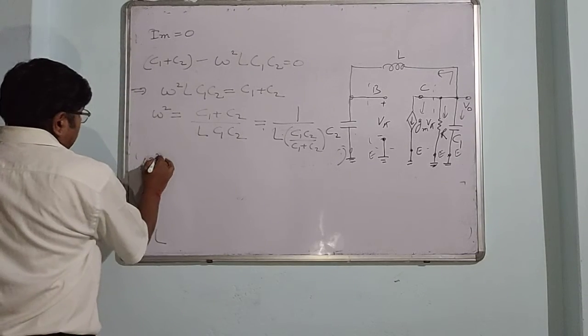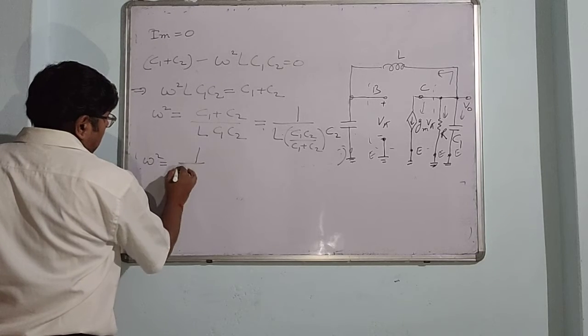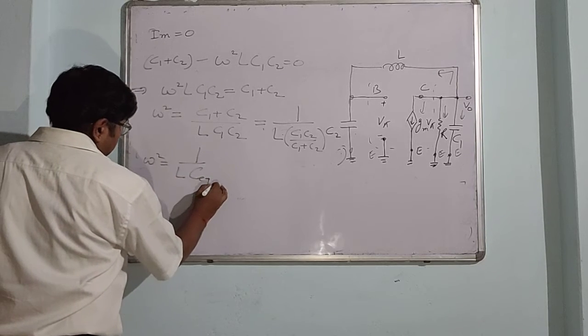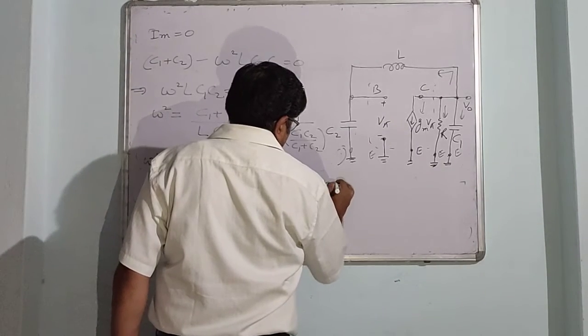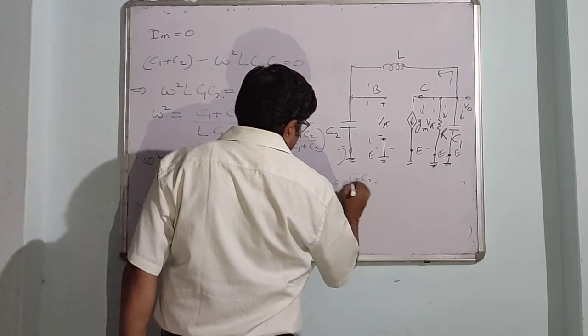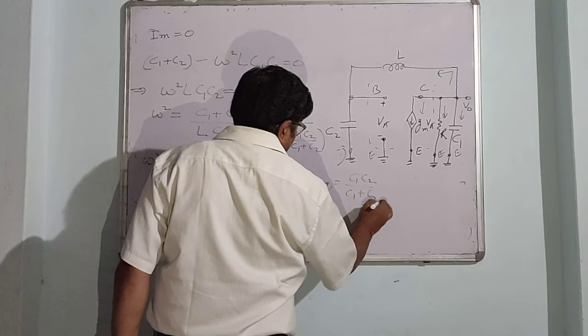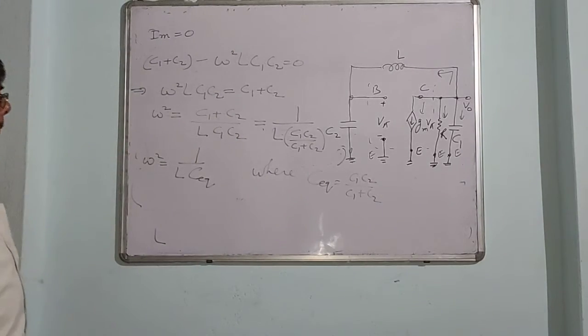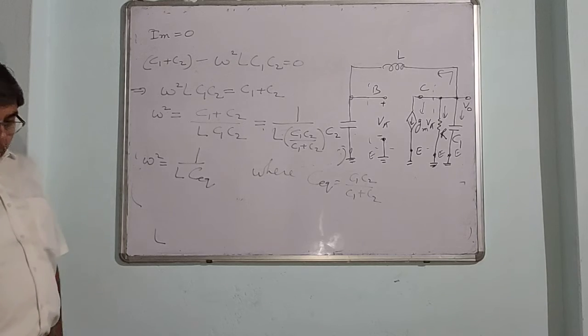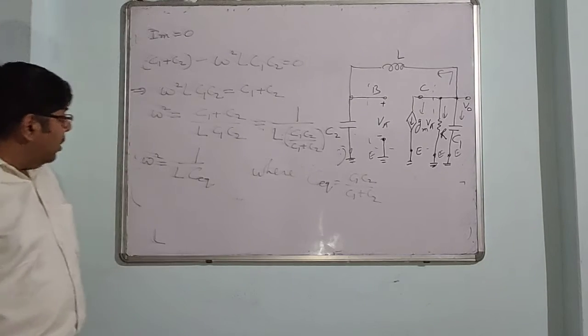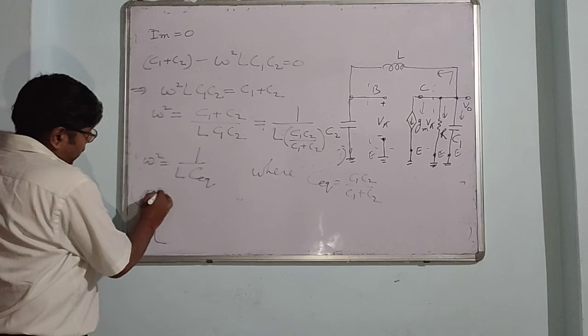So omega square equals 1 upon L C equivalent, where C equivalent is given by C1 C2 upon C1 plus C2. So this is omega square.